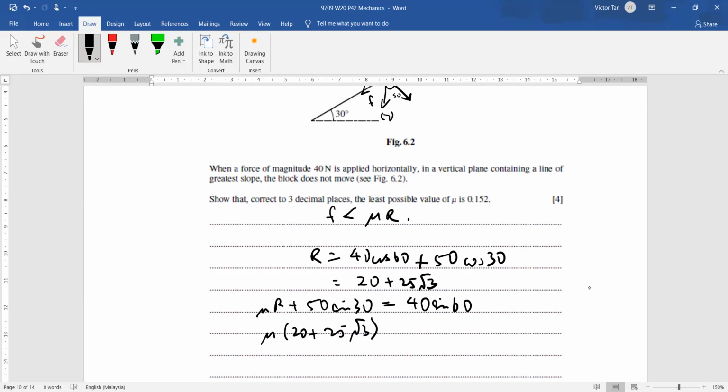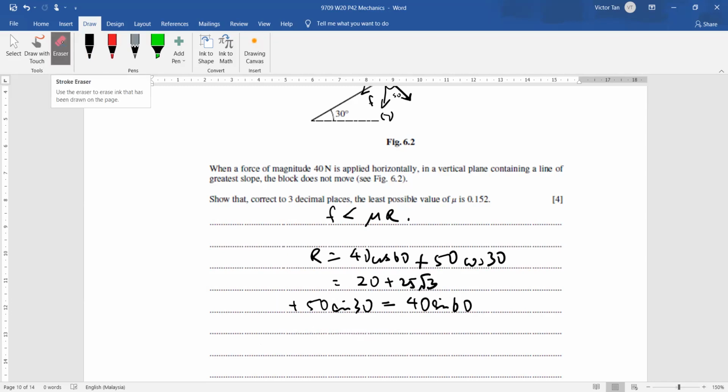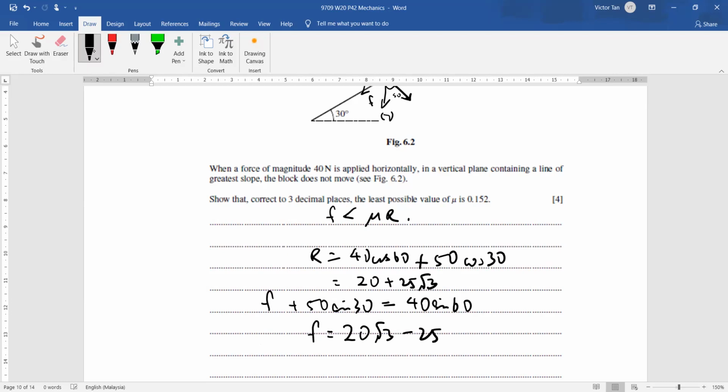F, sorry. This is F. I need to put that first. F equals 20 root 3 minus 25.